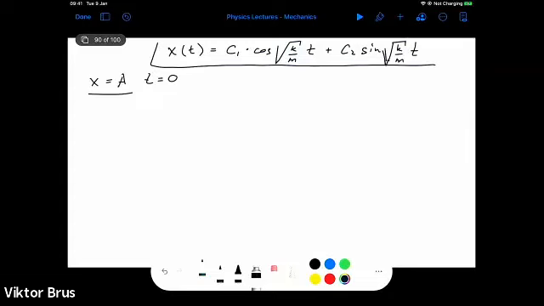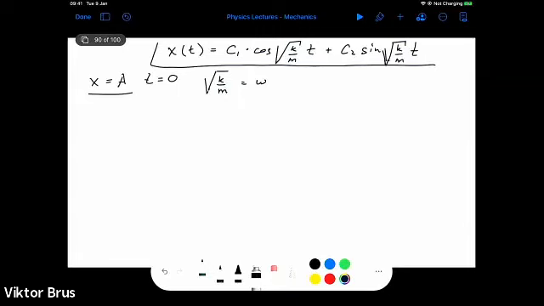And before we proceed, let us make some substitution. It will be more convenient for us. Let's assume that the square root of k divided by m is equal to omega. Omega is angular velocity, and it makes sense because we have cosine of omega times t.